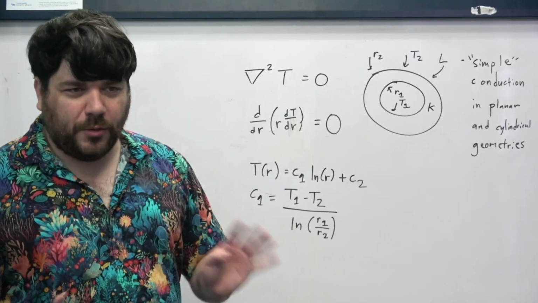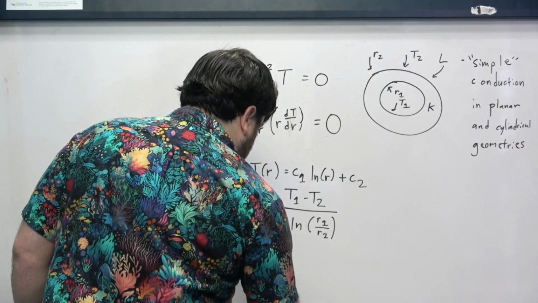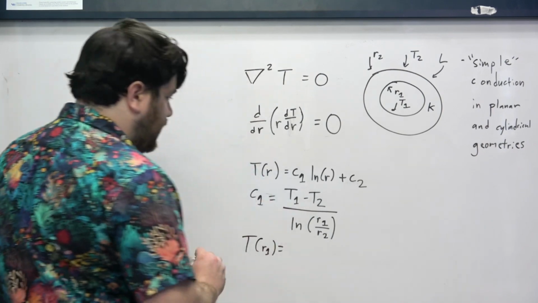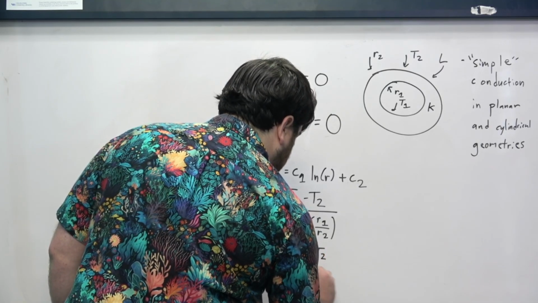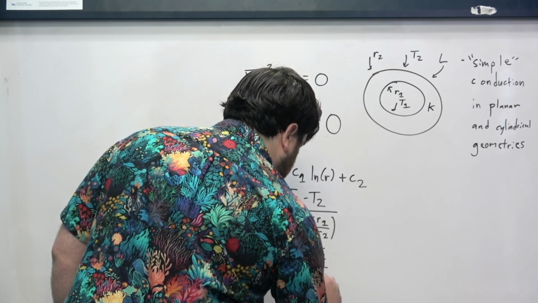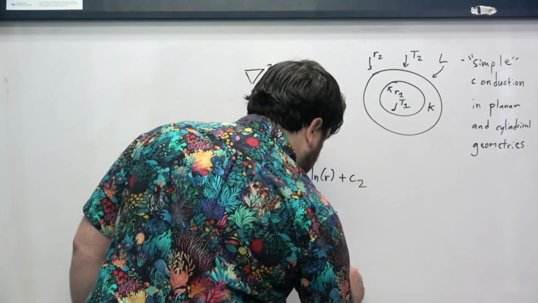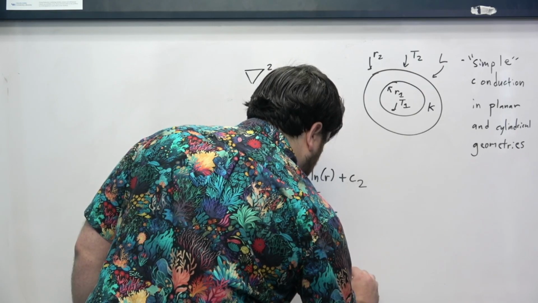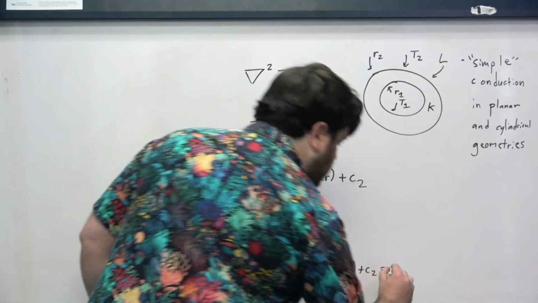So let's do it for R1, just so that you know what I'm talking about. T at R1 has to be equal to T1 minus T2 divided by the logarithm of R1 over R2 times the logarithm of R1 plus C2, and then this has to all be equal to T1.